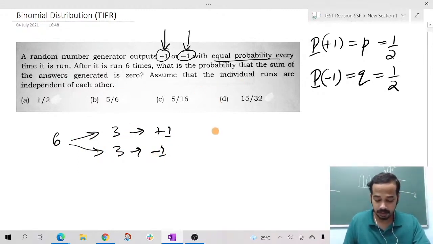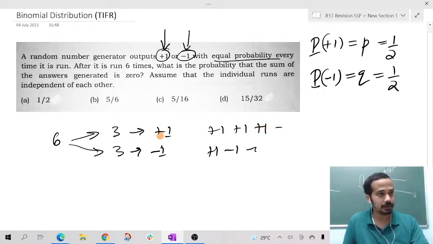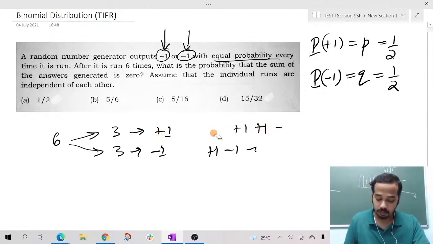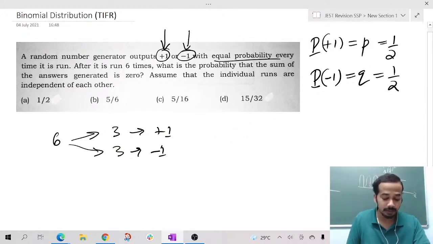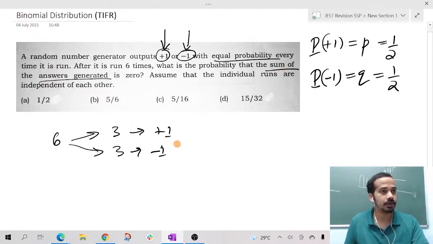You could have plus 1 plus 1 plus 1, minus 1 minus 1 minus 1, or plus 1 minus 1 alternately. If you have 3 plus 1 and 3 minus 1, the sum of the answers generated is equal to 0.